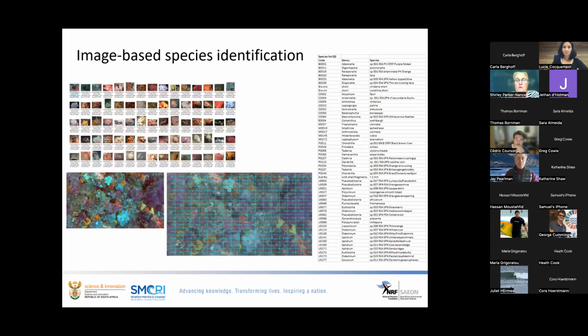And then the first point we always try to make is to look at constructing large, available image libraries, so that anybody can use these libraries to do the species or taxon identifications, but to reduce ramp-up time.